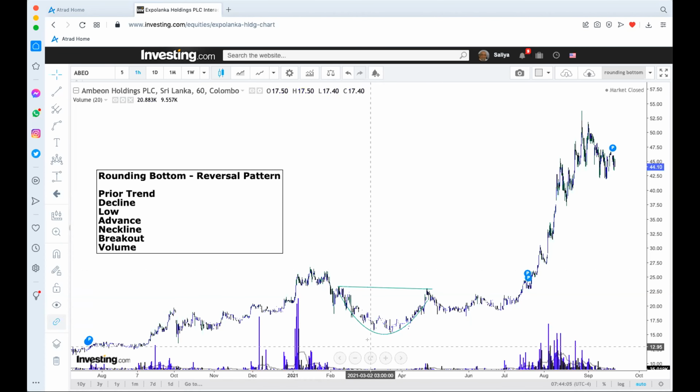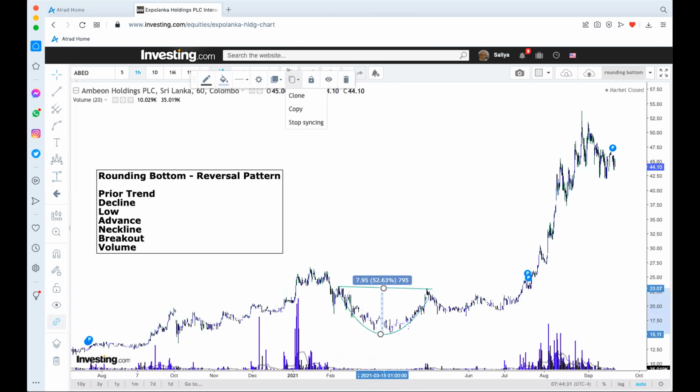What we normally do is we either take the steepest or the longest area, the lowest area of the curve, and draw a horizontal line to connect to the resistance line, from here to here.